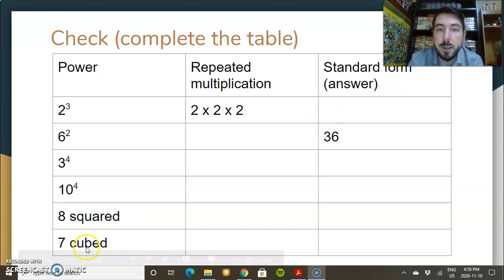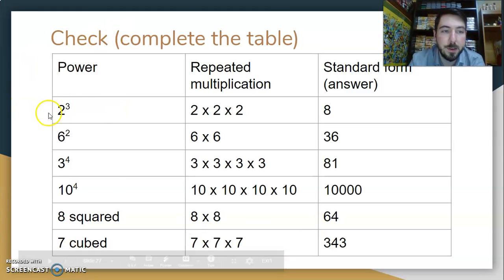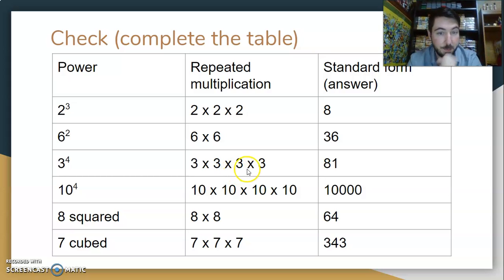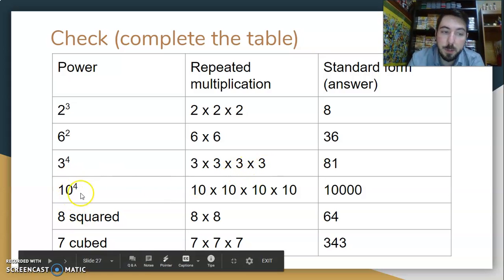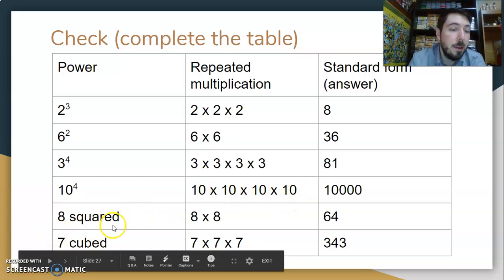Alright, so you should have gotten these answers here. So 2 to the power of 3 is 2 times 2 times 2, which is 8. 6 to the power of 2 means we're multiplying the number 6 2 times, so it's just 6 times 6. 3 to the power of 4 means we're multiplying the number 3 4 times, so 3 times 3 times 3 times 3. 10 to the power of 4 is just 10 times 10 times 10 times 10. 8 squared, so remember squared is to the power of 2, so that's just 8 times 8.